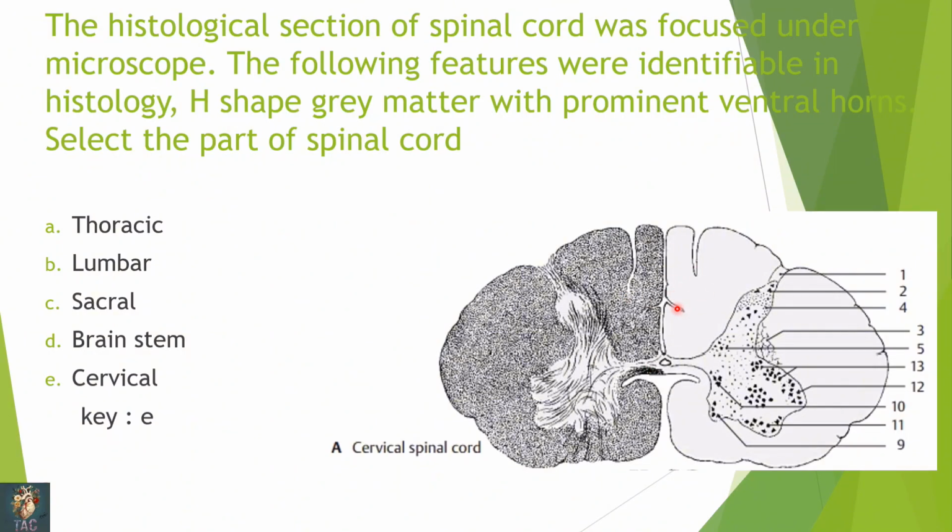So because of this, the ascending tracts are present, the descending tracts are present, and the anterior motor neurons are well developed. So the circumference of the spinal cord at cervical level is largest, and the anterior horn, which contains the motor neurons for the brachial plexus, is more prominent at the cervical level.